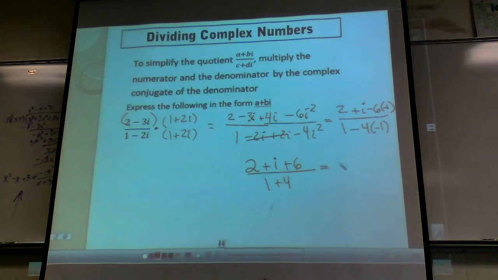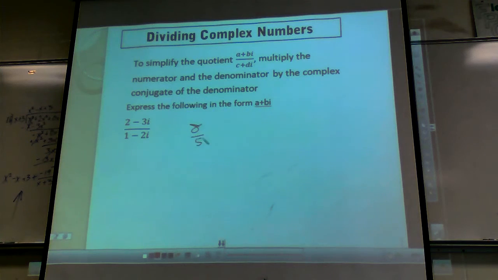You get something that looks like 8 plus i over 5. Now here's the thing with this. This wouldn't be the technically correct answer for the form I wanted. That's technically how it would look.